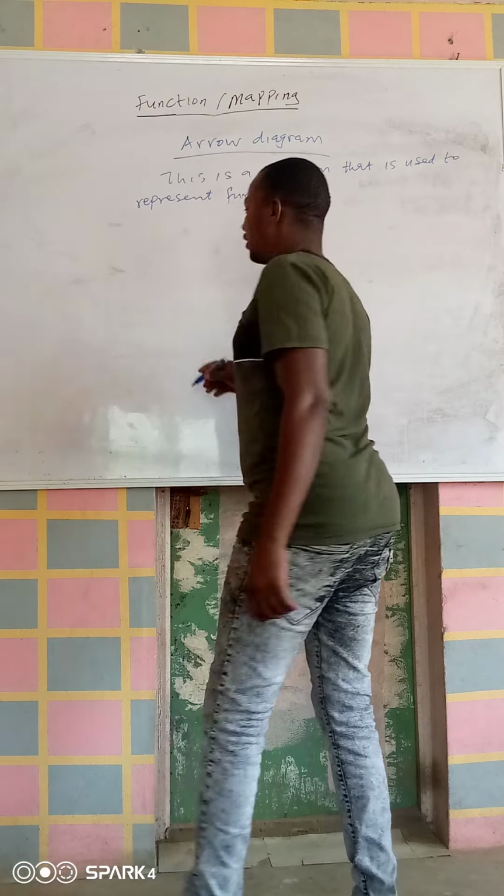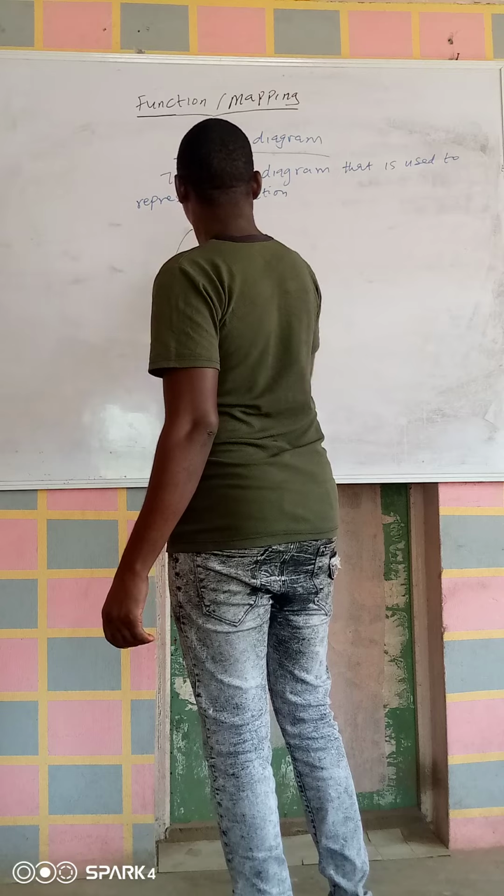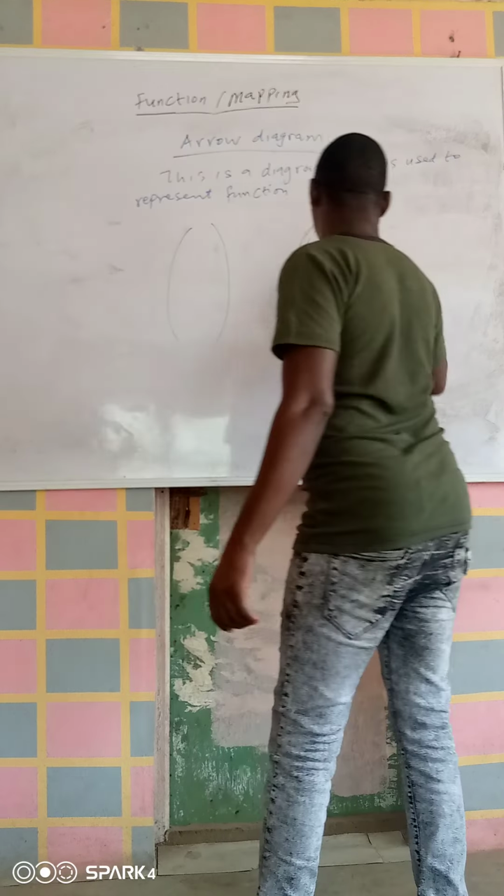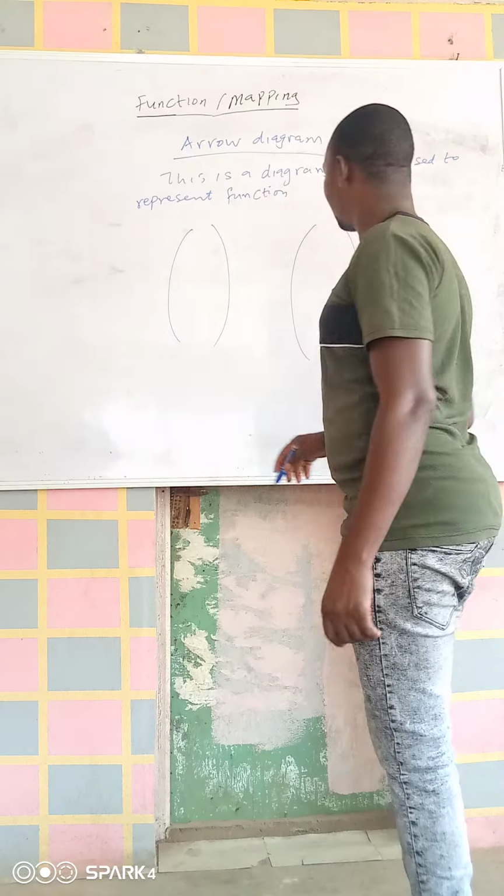So, let's say I want to represent them now using an arrow diagram. This is an example of an arrow diagram.